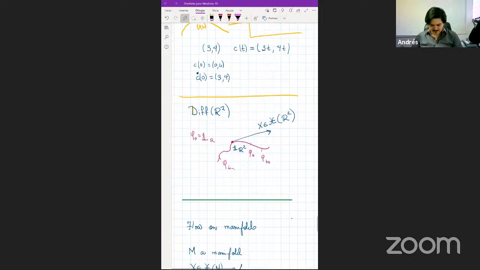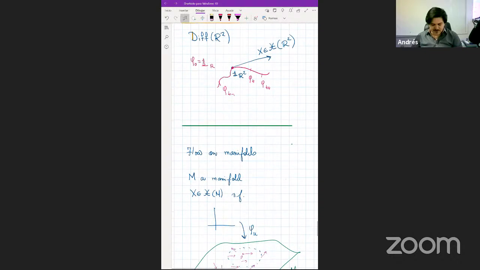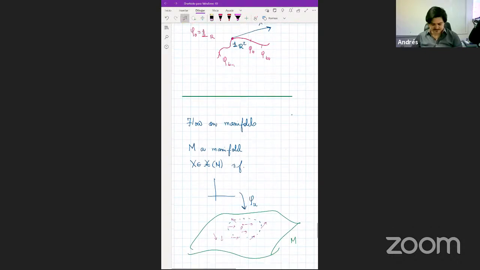So if I would like to define the flow on a manifold, I have my manifold M, I have a vector field there, and remember that we use some base point. So I take a point P on my manifold, and I would like to obtain the flow. Usually this is called the local flow.